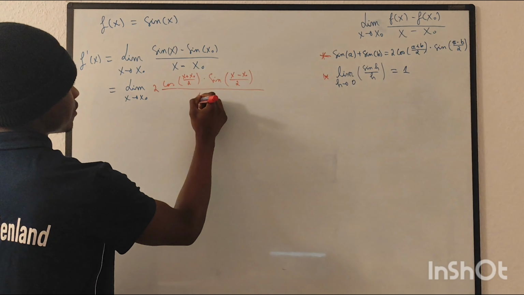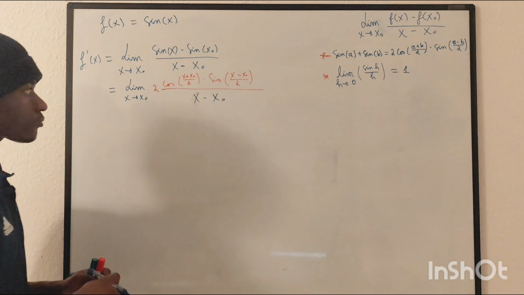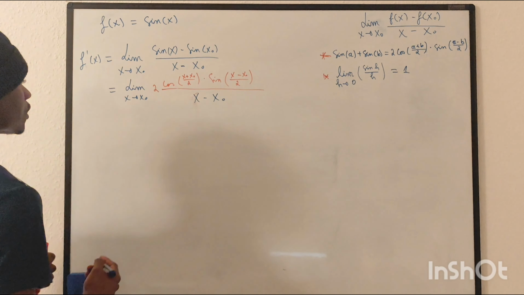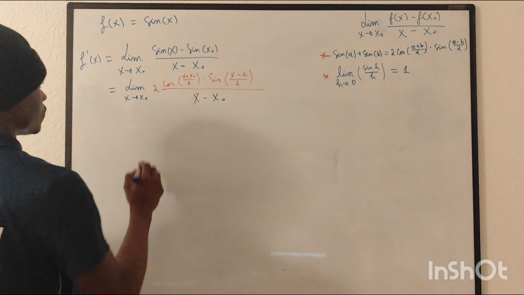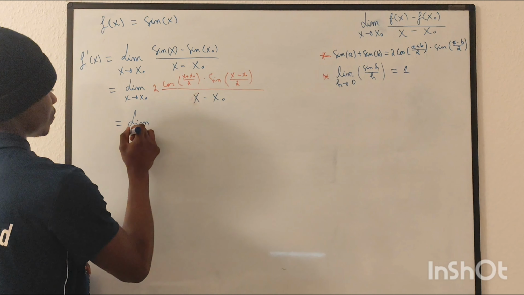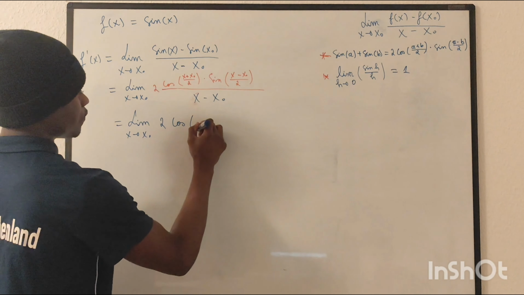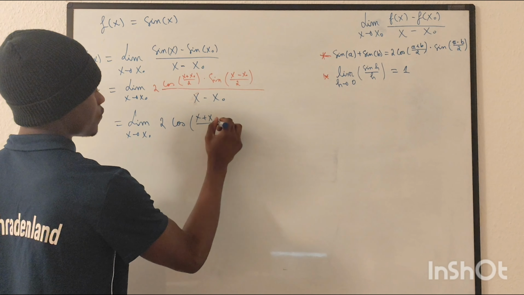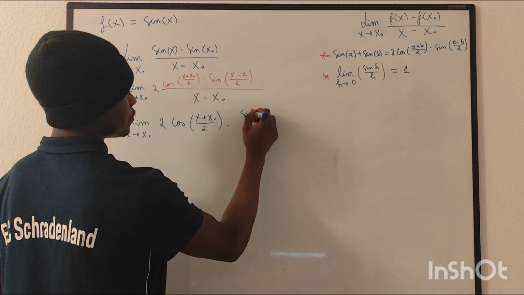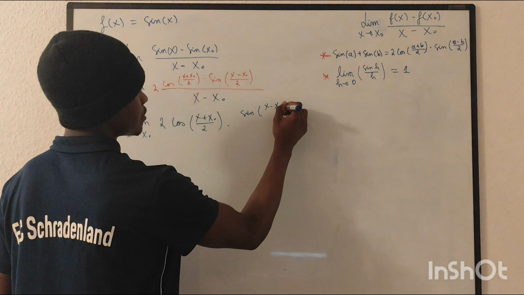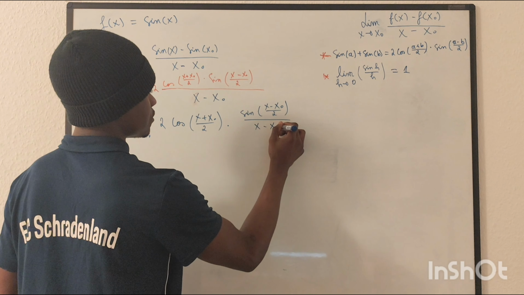I divide all this by x minus x0. So then we're just going to bring this here as the denominator. It will be equal to the limit when x comes to x0 of 2 times cosine of (x plus x0) over 2 times the sine of (x minus x0) over 2 divided by x minus x0.